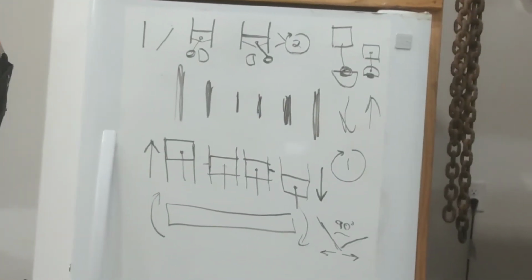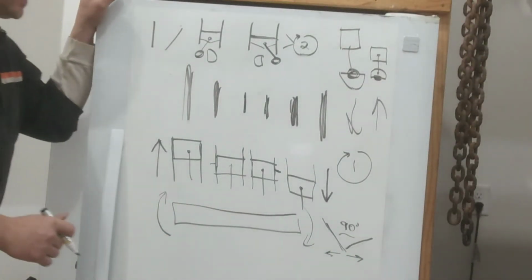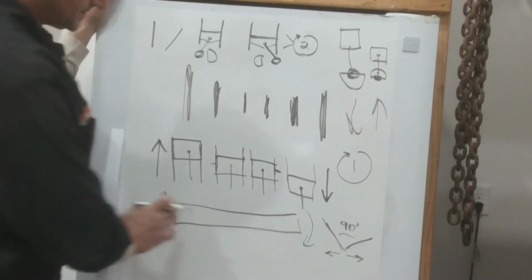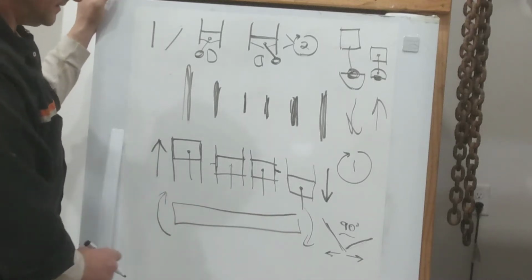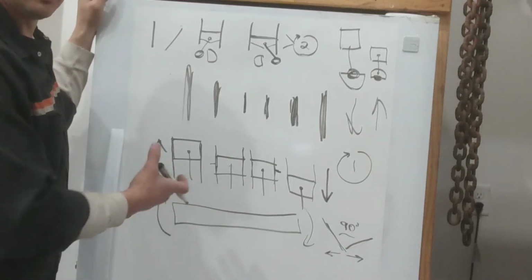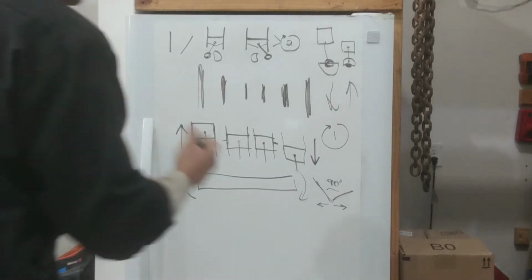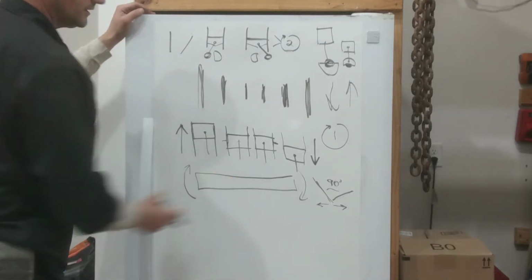Let's see. All right. So now you have a solid piece connected, and this one's pushing down, this one's pulling up. So now you have what's called a rocking couple. So here you have your rocking couple.